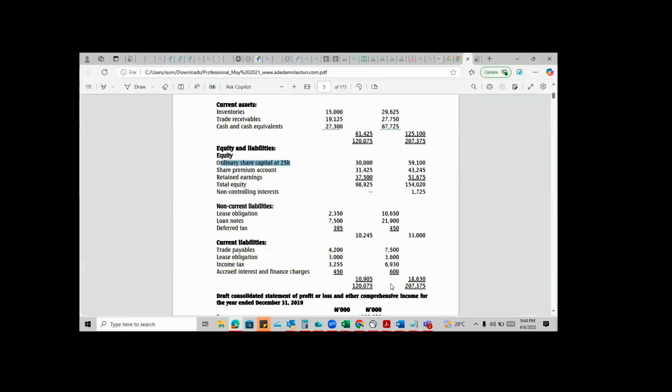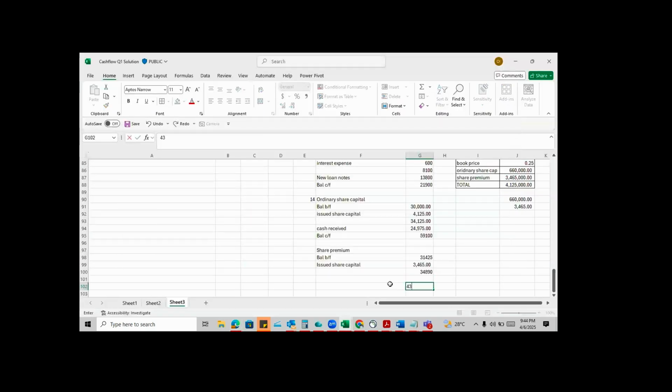But at the end of it, the share premium account is 43,245. So I ask myself, what's the difference between these two? 8,000. So the total cash received would have been this plus this.